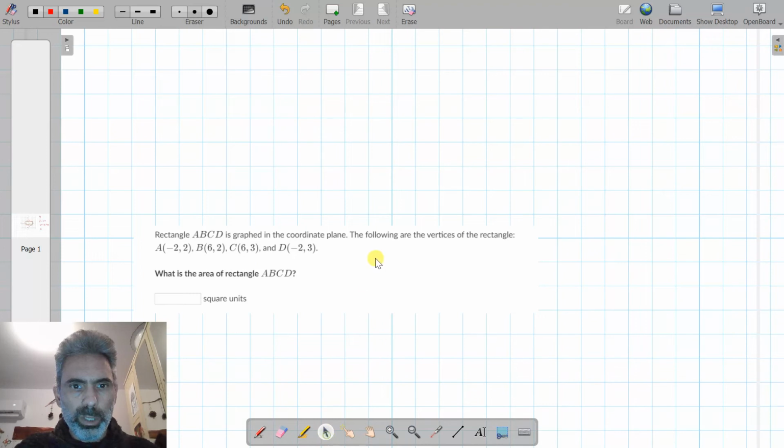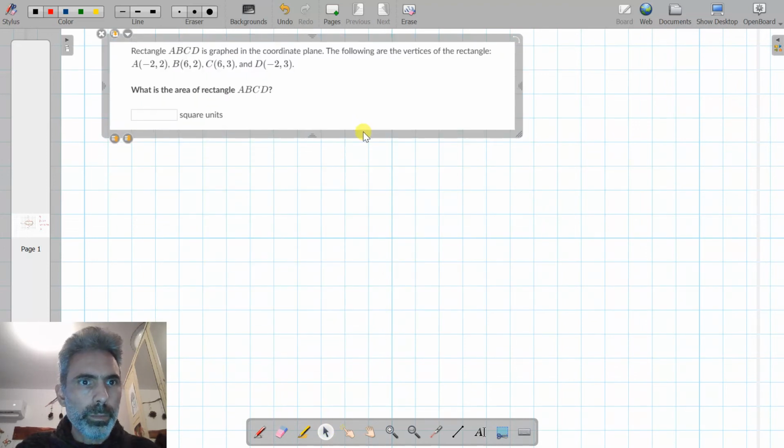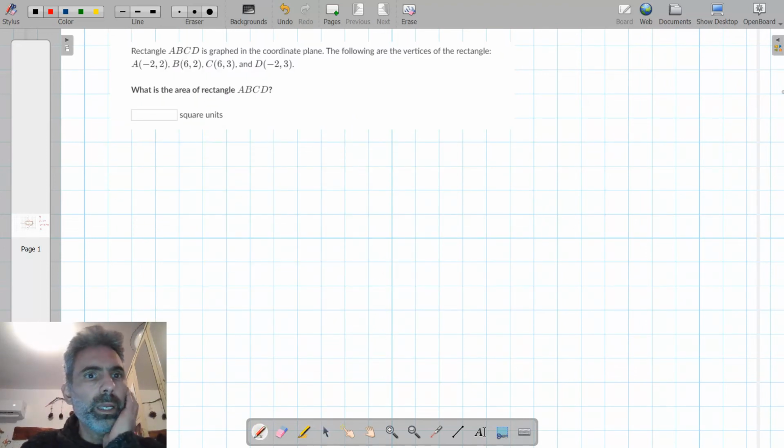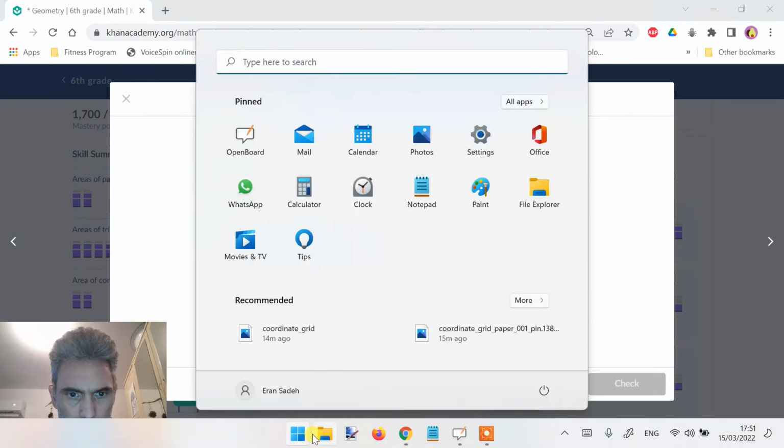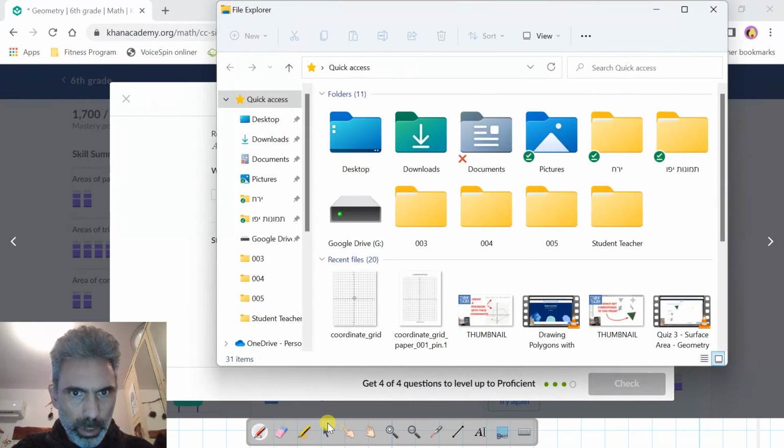Okay, so the question is: rectangle ABCD is graphed in the coordinate plane. So let me grab a copy of the coordinate plane.